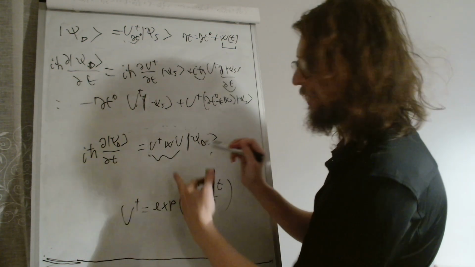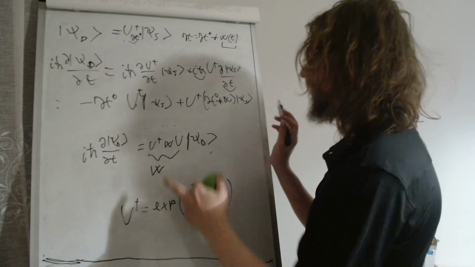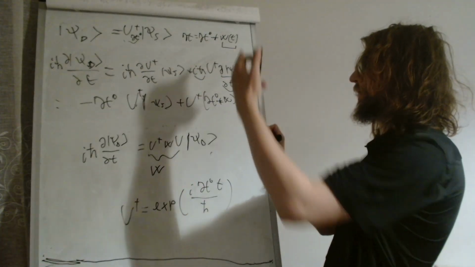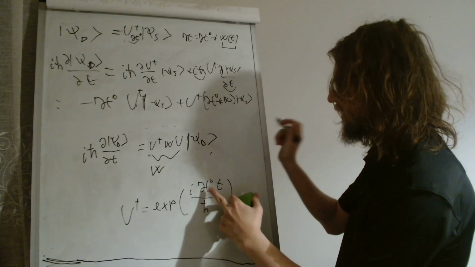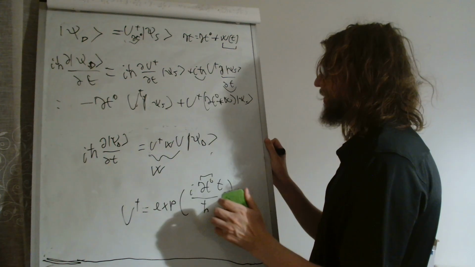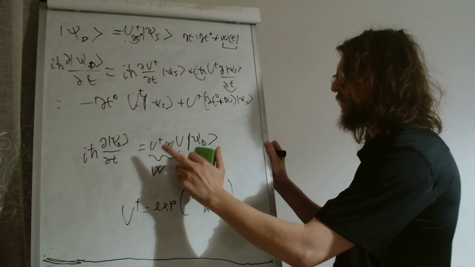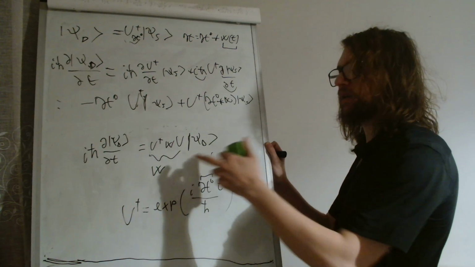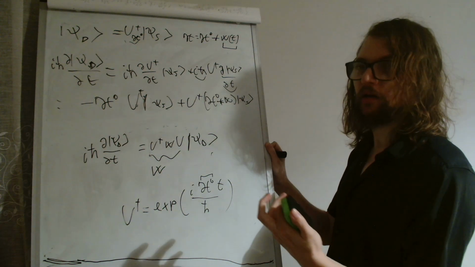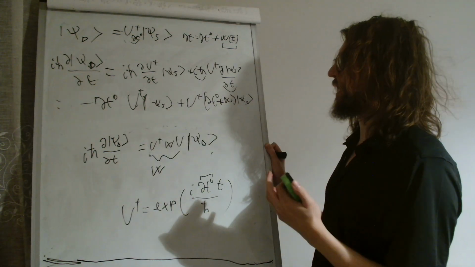Because this is the Heisenberg notation for W, but not with respect to the whole Hamiltonian H, but only with respect to the Hamiltonian H0. So we have the Schroedinger equation with the Hamiltonian written in Heisenberg notation relative to the unperturbed part of the Hamiltonian.